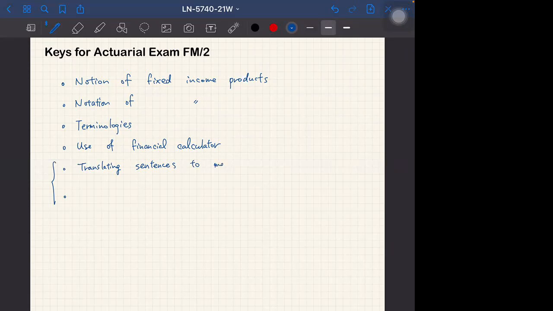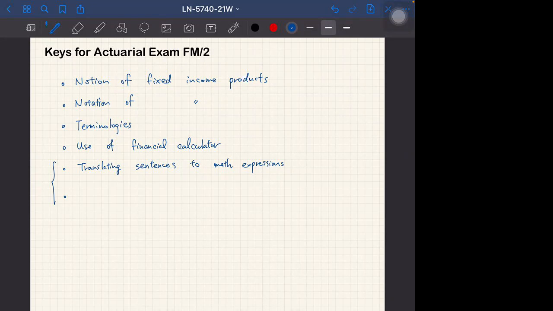In the real world, you are not asked to integrate some functions, but depending on applications, you have to use calculus to integrate some functions. So in actuarial settings, originally you are given just a financial problem, but you have to translate it into mathematical expressions. This is the key skill the actuarial exams test. So translating sentences to mathematical expressions is really important.